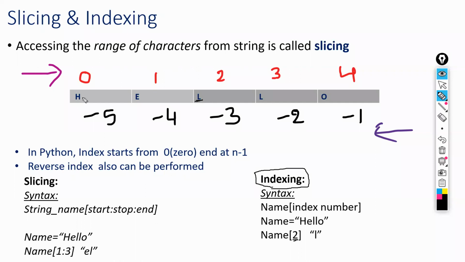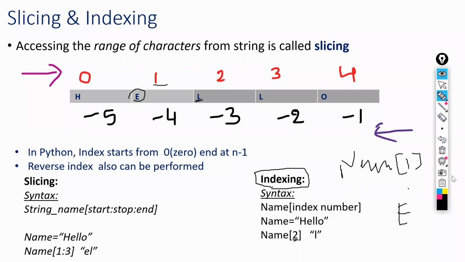We are habituated to counting 1, 2, 3 like that. Don't do that. From now onwards, in Python, you need to start from 0, 0, 1, 2. If I want to access E, simply the name with square brackets, then give the index number, that is 1. We'll get the output as E.